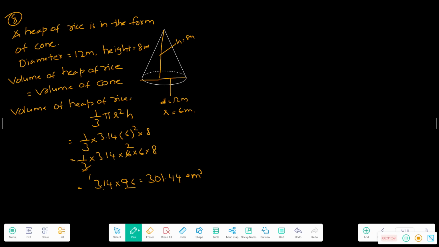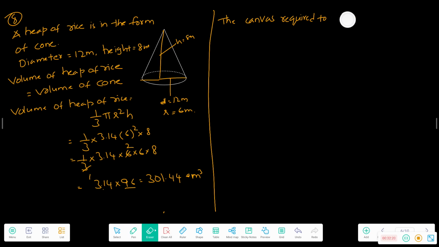Now he asked to find the canvas required to cover the heap. It is nothing but the curved surface area of the cone.